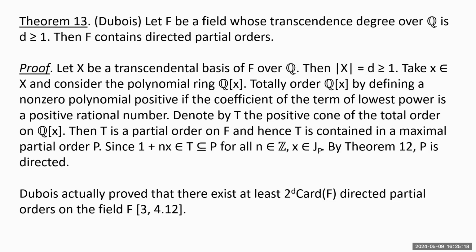That means this X will be in J sub P, so J sub P is not 0. So if J sub P is not 0, then by theorem 12, P will be a directed partial order. After Dubois proved more: he proved that there exist at least 2 to the power of the cardinality of F directed partial orders on the field.